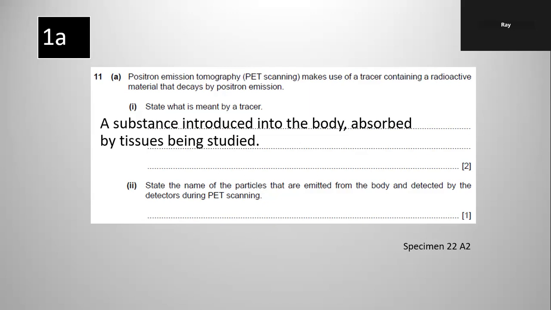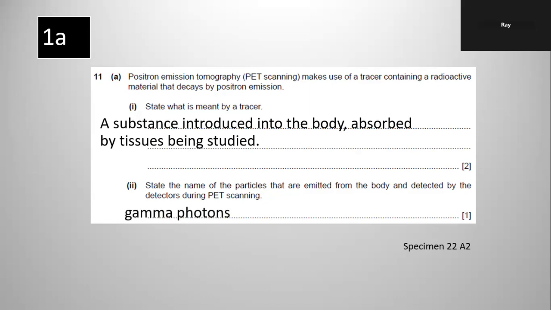State the name of the particles that are emitted from the body and detected by detectors during PET scanning. The answer is gamma photon.